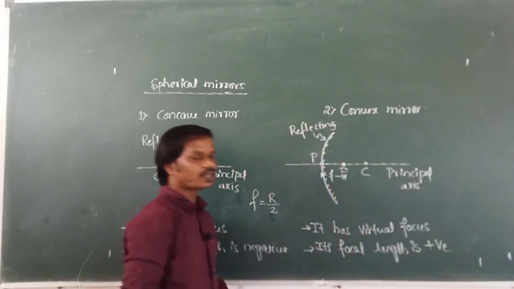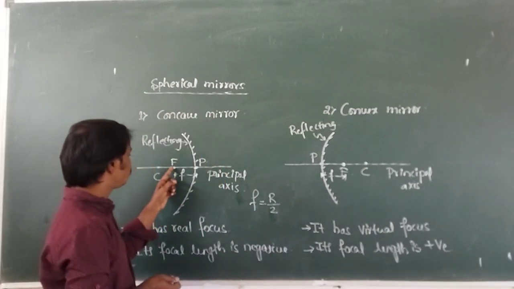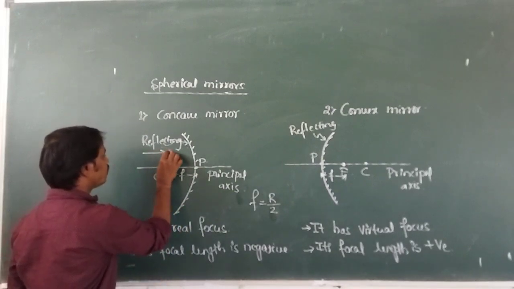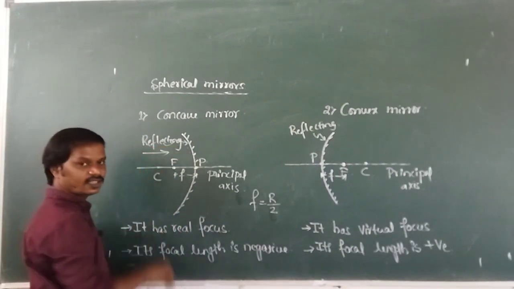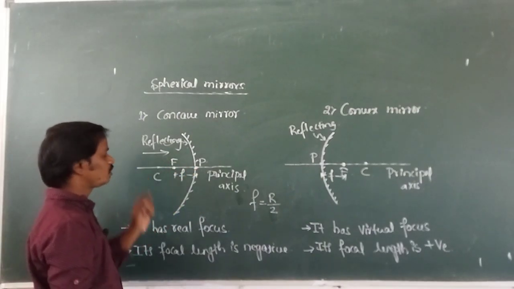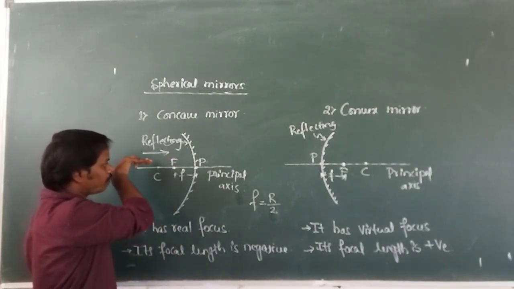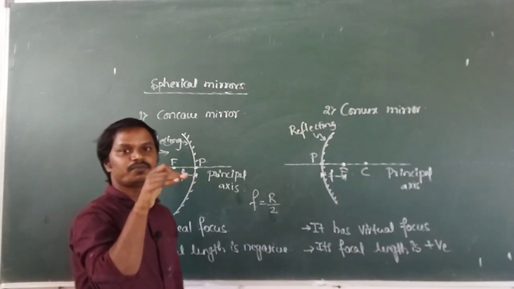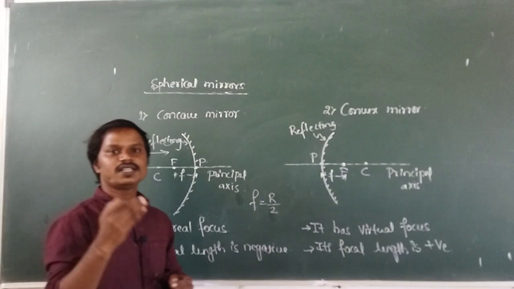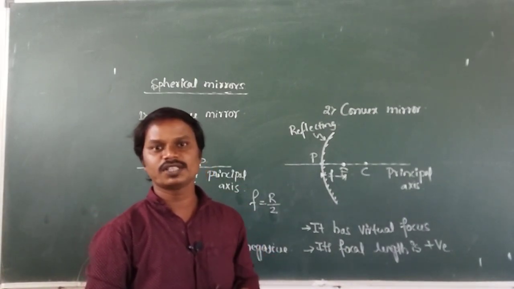So why is the focal length of a concave mirror negative? Because the distance of the focus from the pole is measured in the opposite direction of the incident light. This is the direction of incident light, but the distance of the focus measured from the pole is in the opposite direction. The direction of incident light is from F to P, but the direction of measurement of the focus from the pole is from P to F, because distances are always measured from the pole of the spherical mirror.